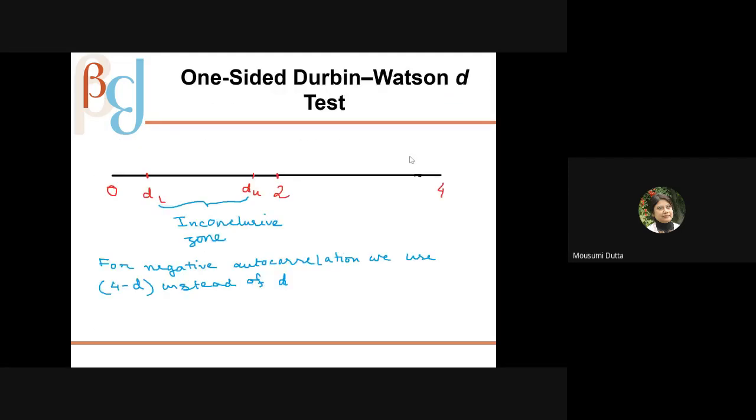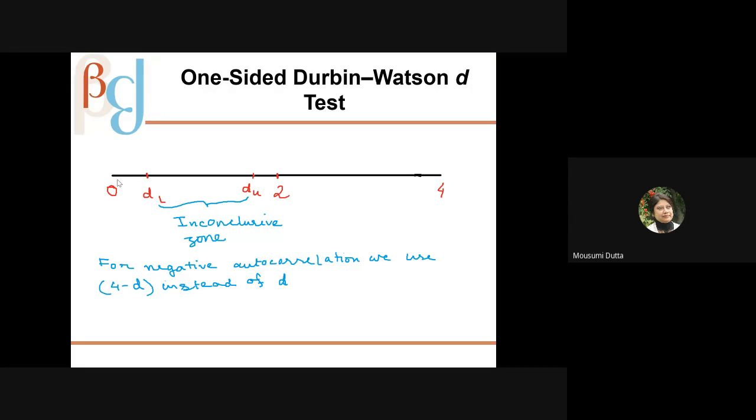Okay. So we can think about this kind of number line moving from 0 to 4. If the value is close to this point or this point, in that case, what will be the indication?